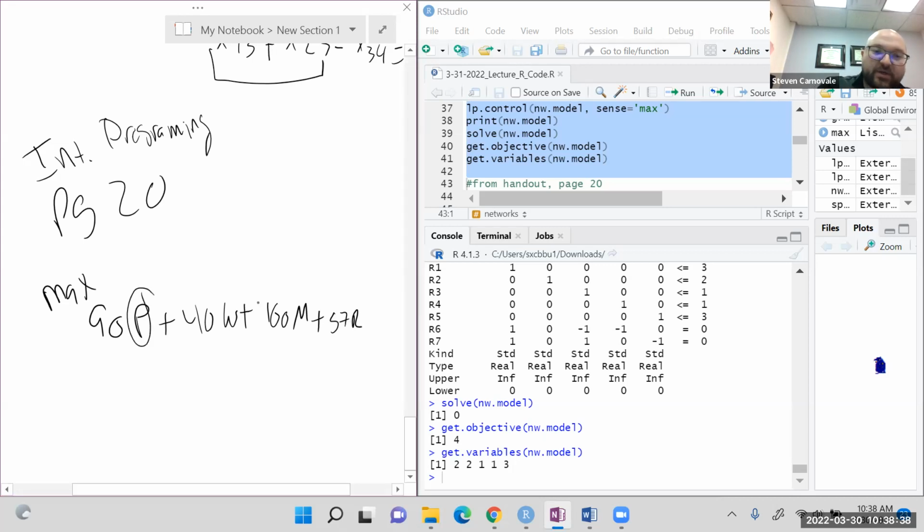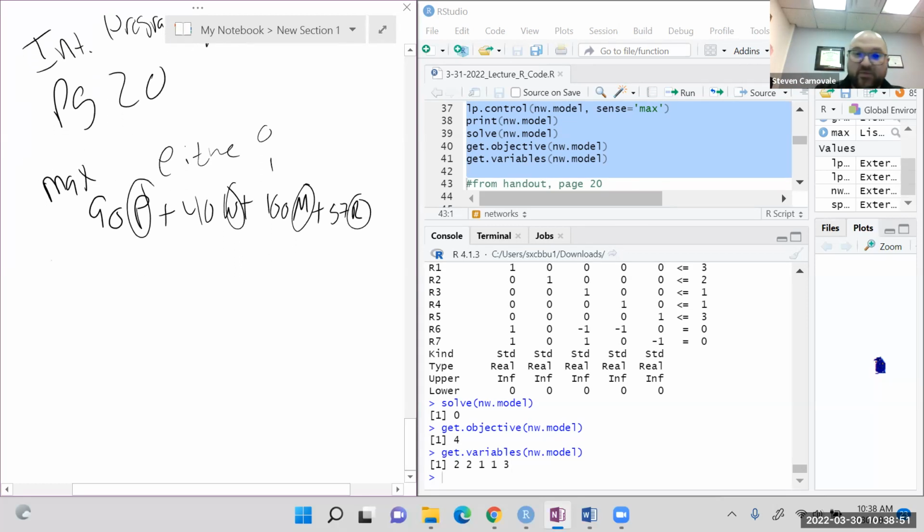Each of these is going to be a binary variable, which means that it will be either 0 or 1, indicating yes, we're going to do this, or no, we are not going to do this. So that's the objective function.